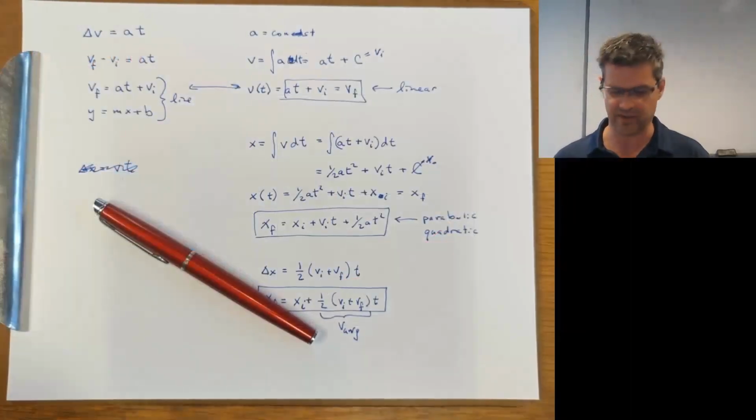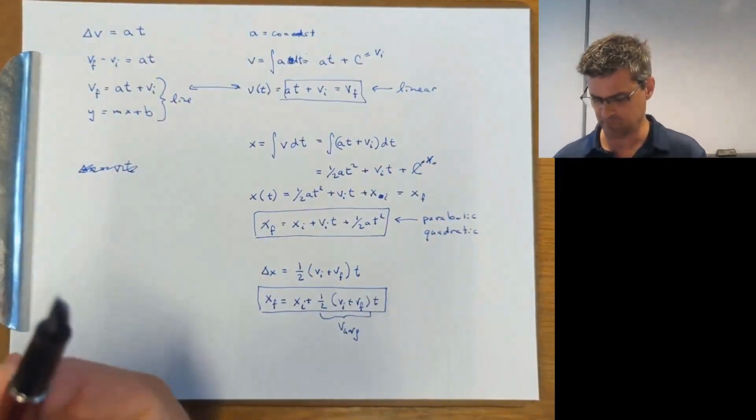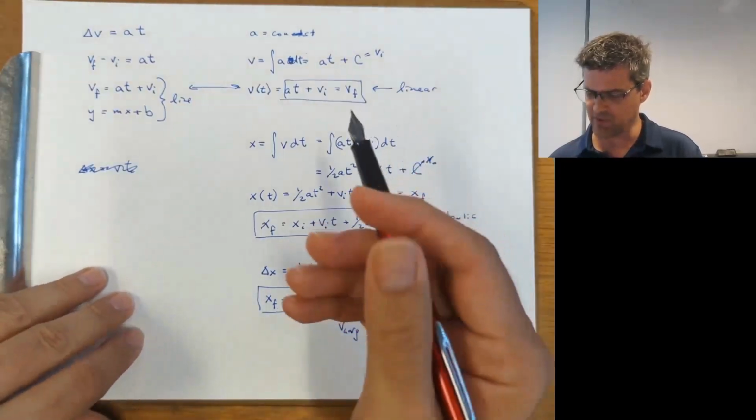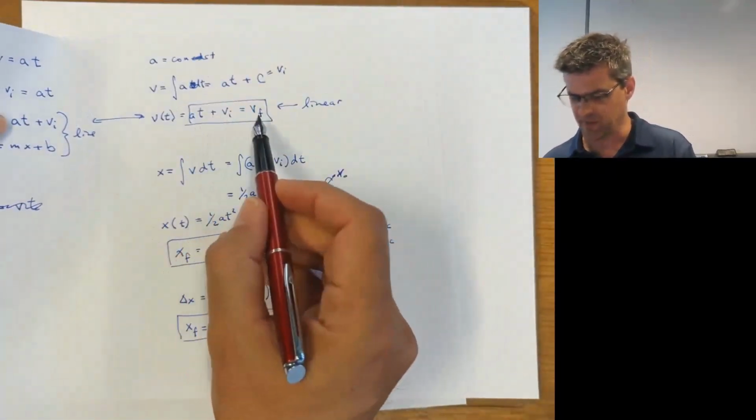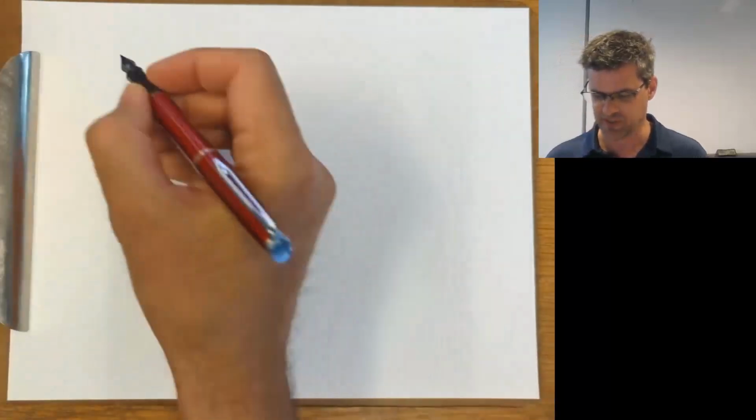Let's try something here. So I have two equations that I want to look at. One of them is v final is equal to v initial plus at.